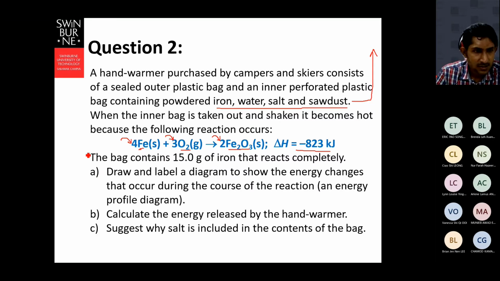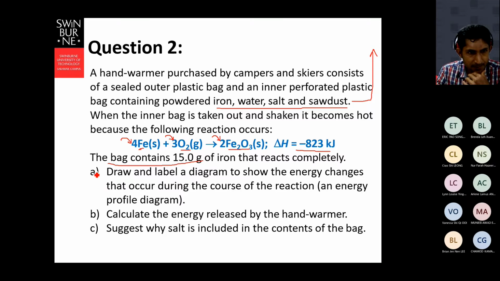Now the question says the bag contains 15 gram of iron that reacts completely. That iron is a very fine powdered iron.